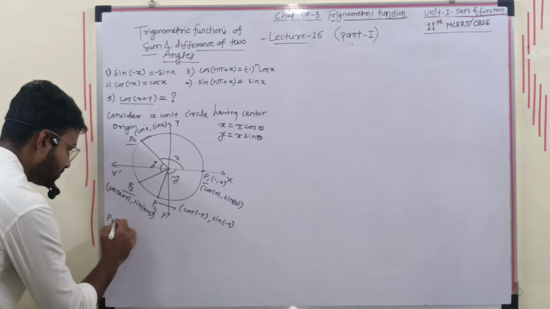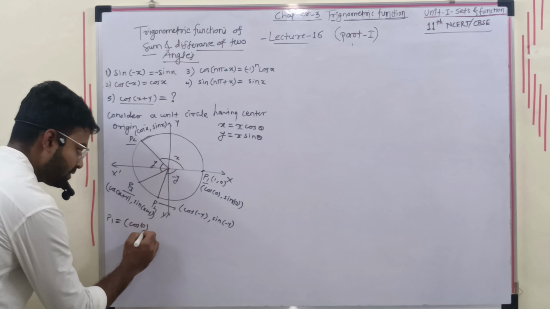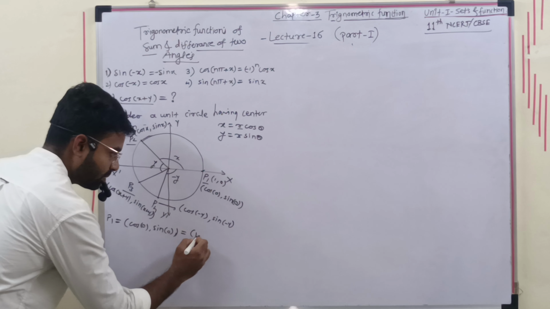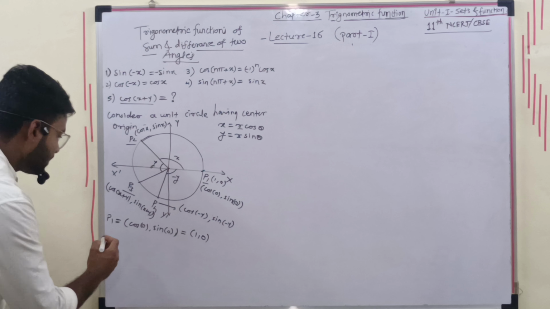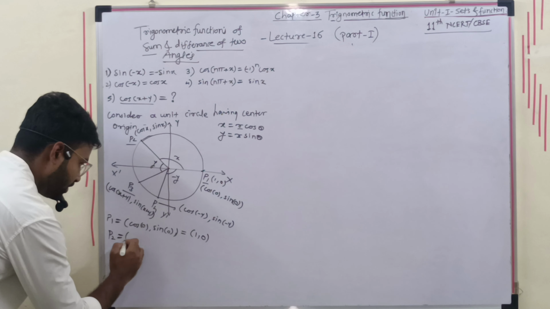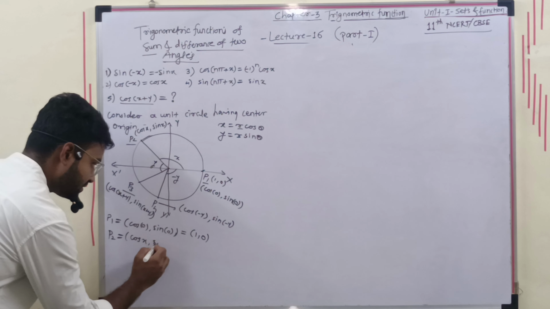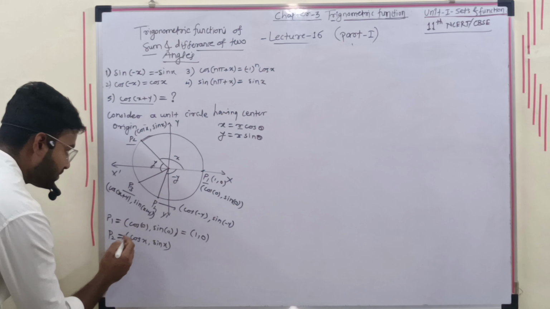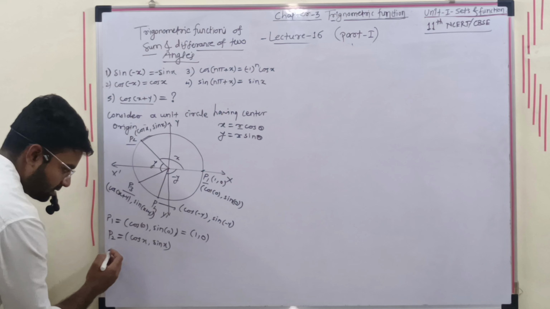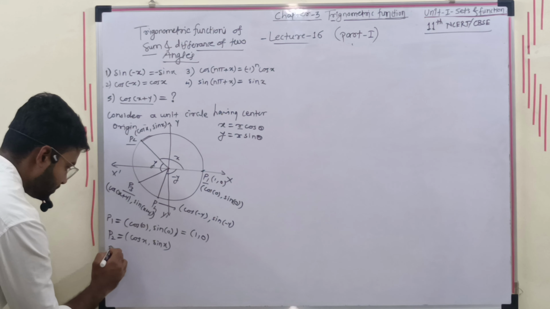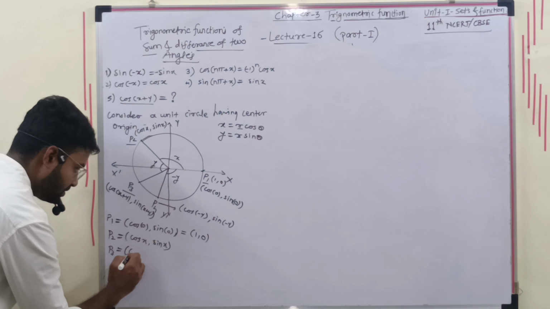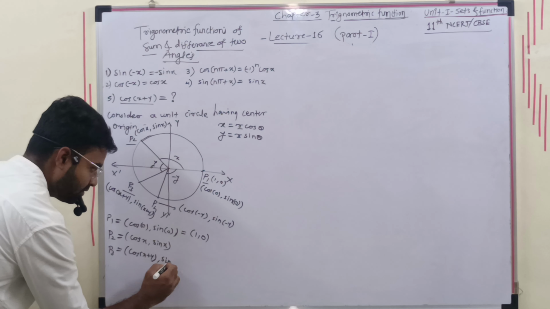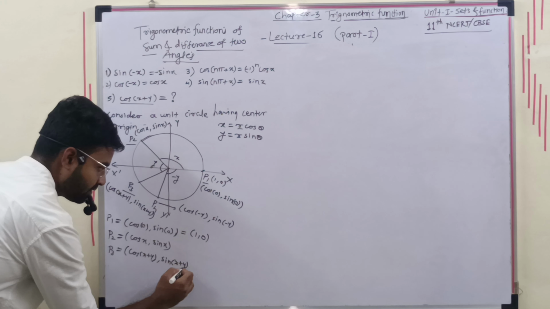Here I am writing clearly these 4 points. P1 is cos 0, sin 0, that is 1, 0. P2 is the point cos x, sin x, since it made an angle x from the x axis. P3 is the point cos of x plus y, sin of x plus y.